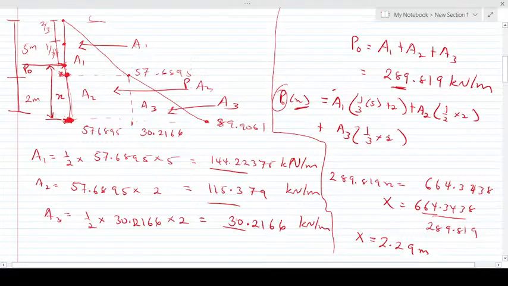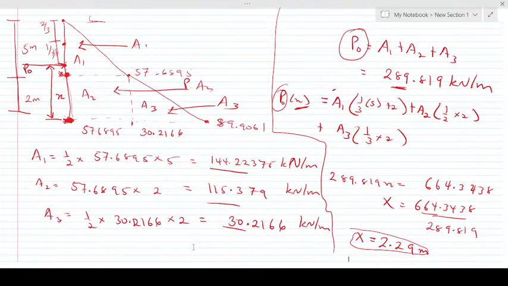So meaning that our lateral force, P naught, will act at a distance of 2.29 meters from the base of the retaining wall. So this is how complex the at rest condition can be, taking an example where there is no pore water pressure, and another example where there is pore water pressure.